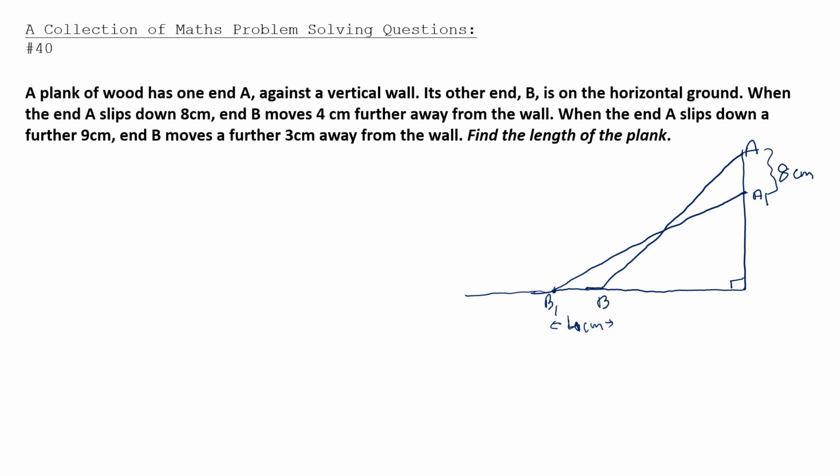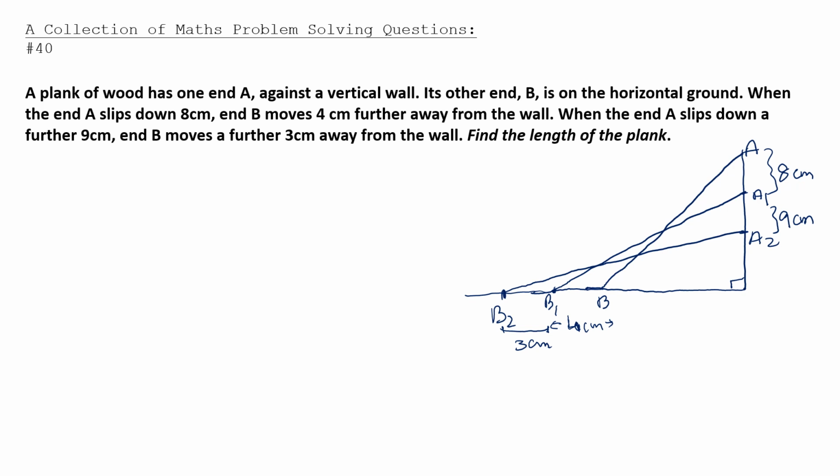Then it becomes A2, so this is 9 cm, and B moves a further 3 cm to B2, so this is 3 cm. Then if I join B2 and A2, that's where it is.